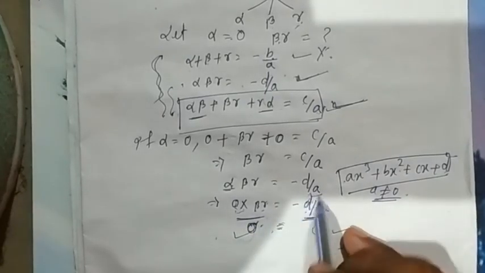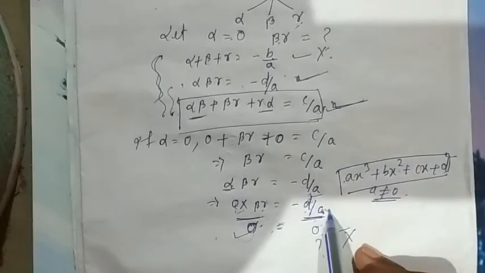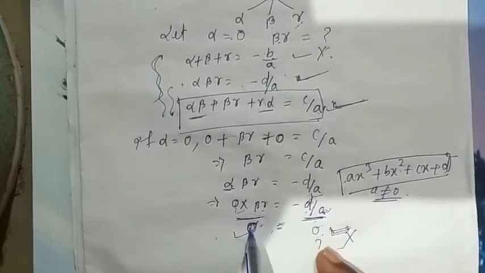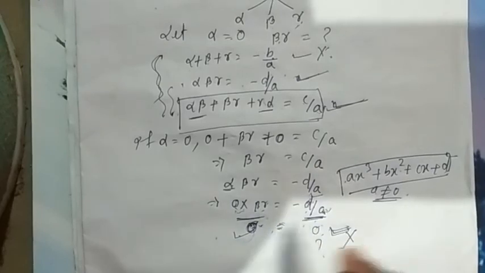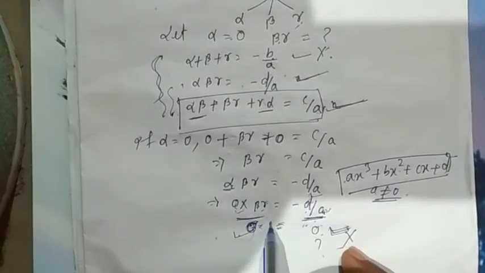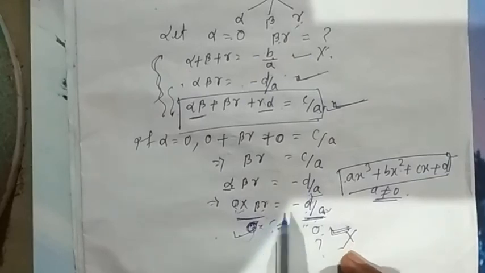Suppose d value is not 0, a value cannot be 0. That means you will get some rational number as the answer, but here 0 is there. So the left hand side and right hand side cannot be equal in some cases. That's why the second condition also you cannot apply.